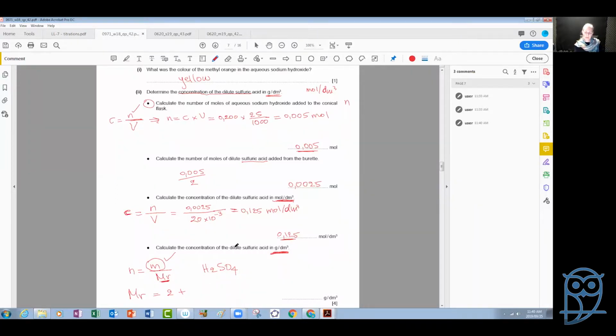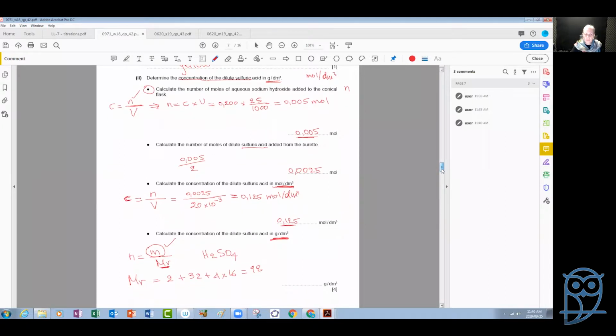Sulfur from the periodic table, its relative atomic mass is 32, plus 4 times oxygen, which has relative atomic mass of 16. Okay, and this gives us all together 98. This is the relative formula mass of sulfuric acid. 98. So there we have this value that we need here.